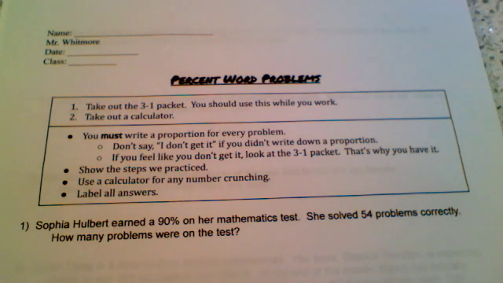So to conclude, what I expect from you is that you are going to use your 3-1 packet for help. You're going to show your work on this paper and use a calculator to help you number crunch. You are going to write down a proportion for every problem, and you're going to show the steps that it takes to solve that proportion.